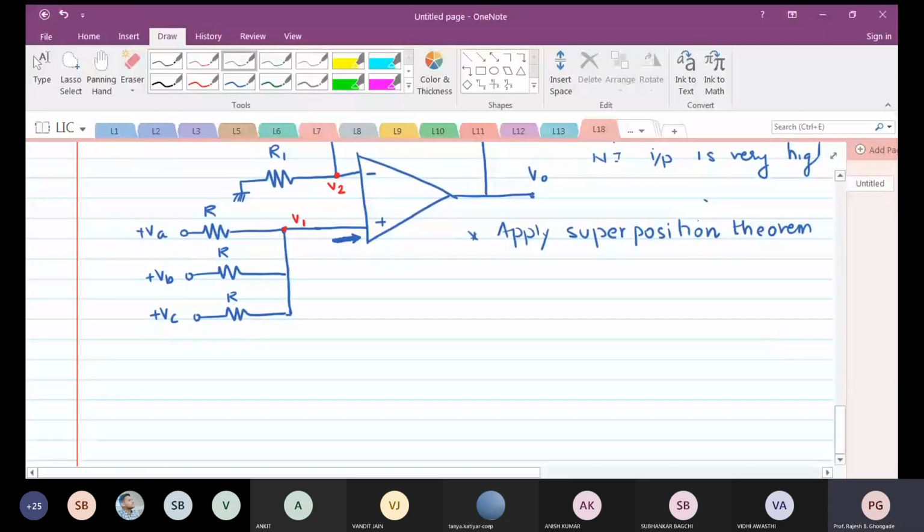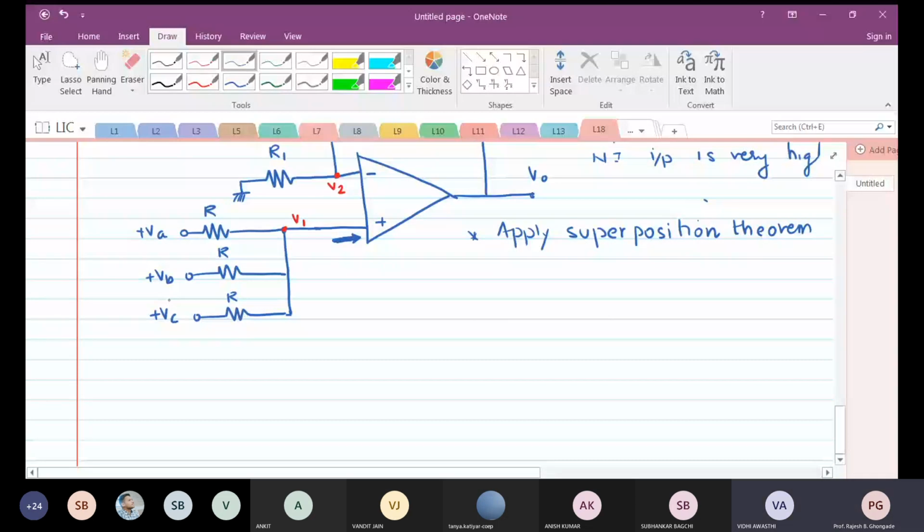If there are multiple sources, of course this is valid for linear bilateral devices, I can remove the other sources, replace them with their internal resistances, carry out the process for each source, and then finally add the results together.